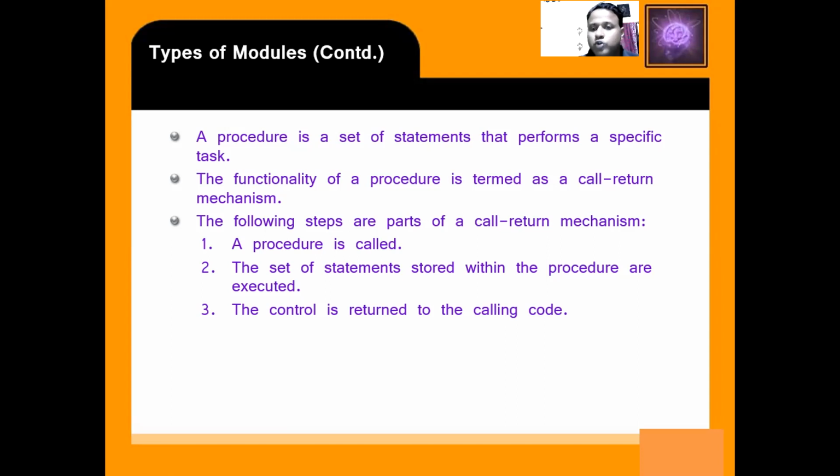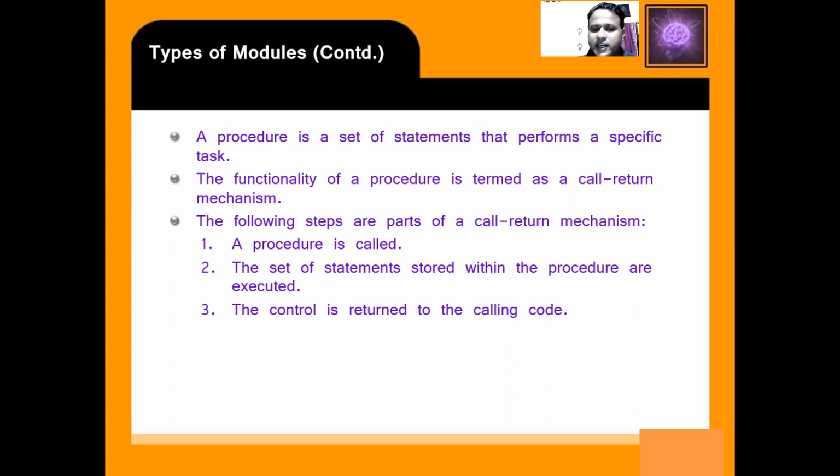Every option or button is used for a unique purpose. A procedure is like that. It contains a set of instructions, and every instruction is used for a specific purpose.